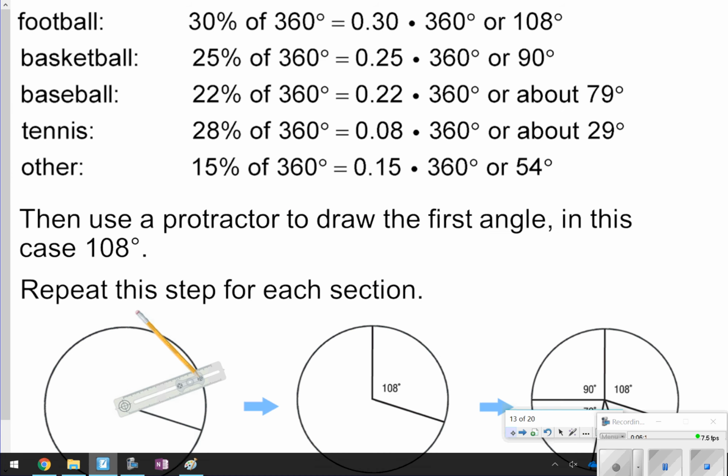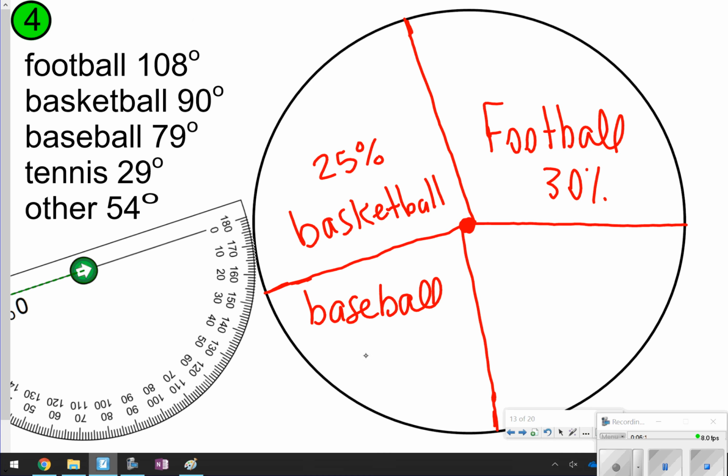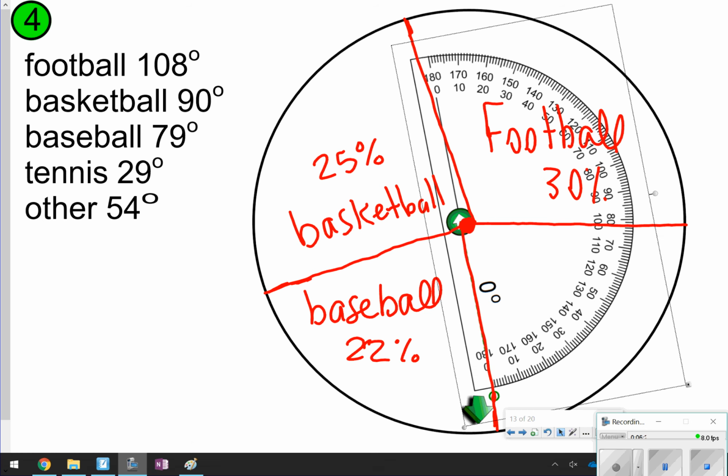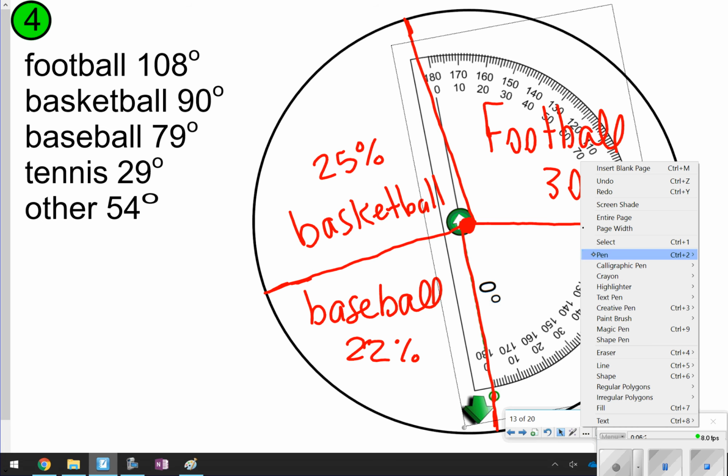Baseball was 22%. Okay, and then just again lining up tennis here, 29 degrees.